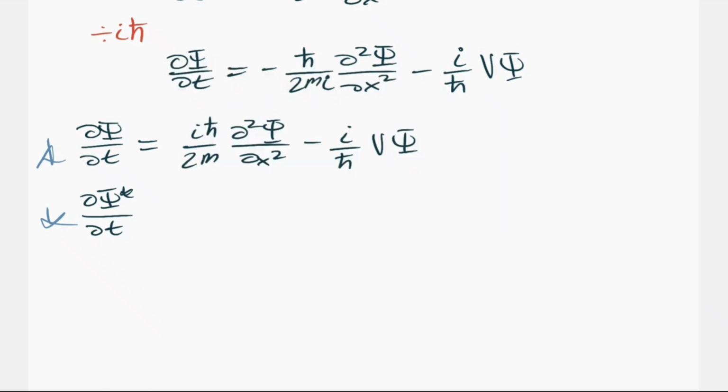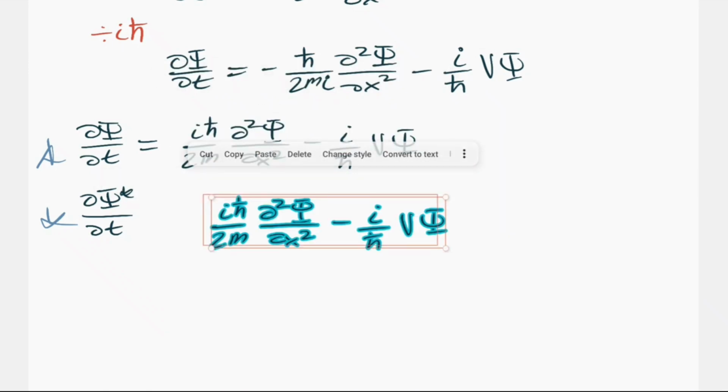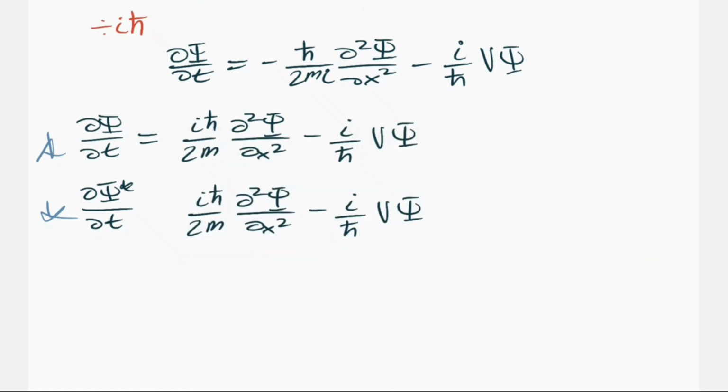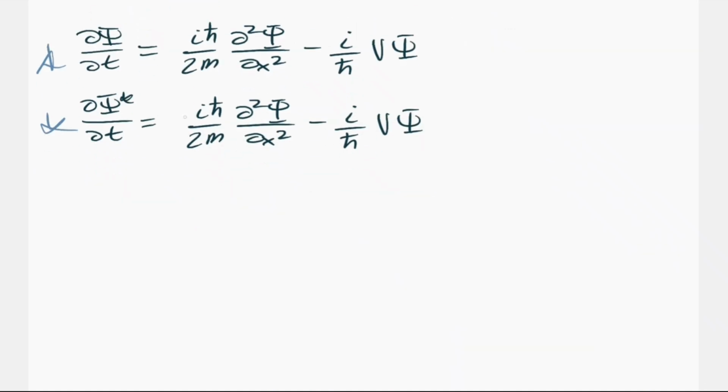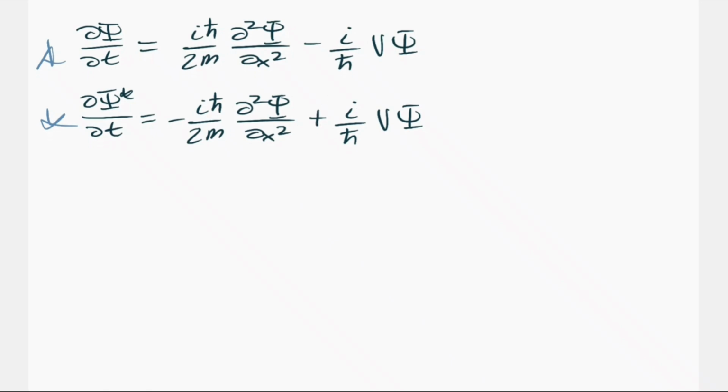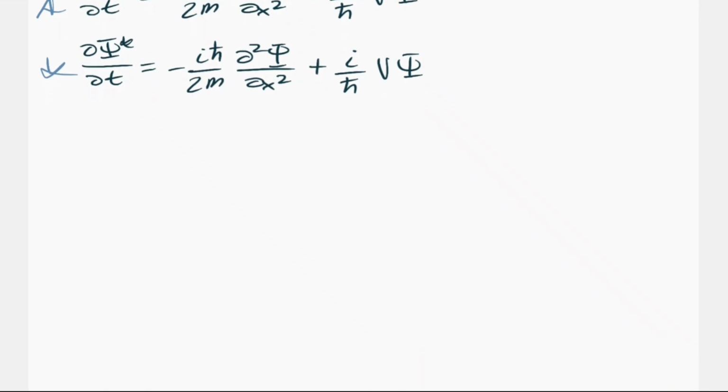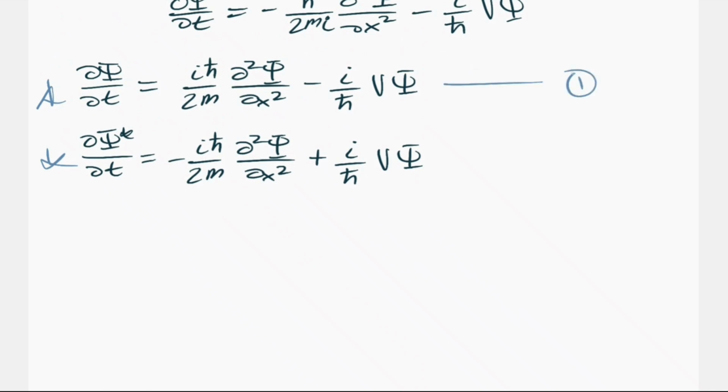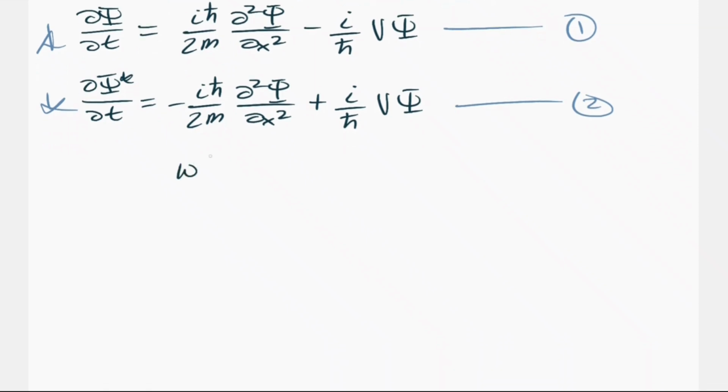And we're going to take that exact thing, copy paste it right here, except we're going to flip the signs, of course, since we're dealing with the complex conjugate. I'm going to call this one equation 1, and that one equation 2, for substitution purposes later.